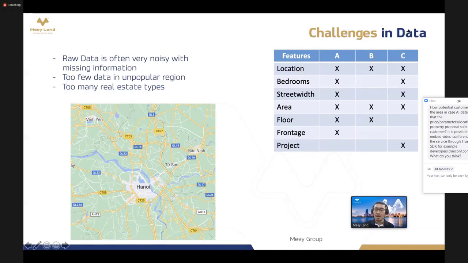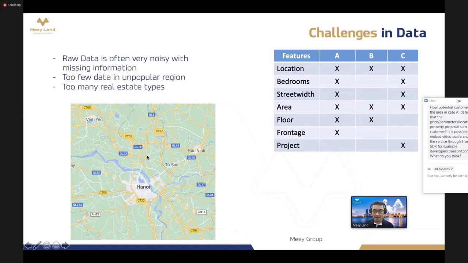Also, this is a small map of Hanoi, Vietnam's capital. With Hanoi, we have a lot of information. We have a lot of data here. But if we go outside of Hanoi, there are very few properties. So the data is scattered from here to there. With so little data, it's almost impossible, really hard to estimate.